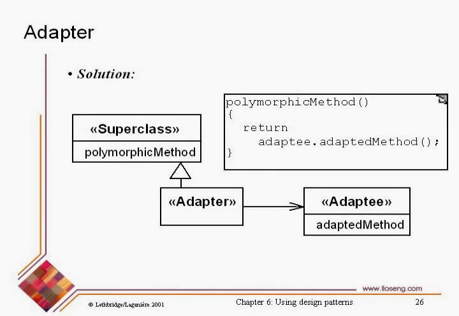So here is the overall structure of the pattern on slide 26. Again, we're using the notation where we use the UML stereotypes. On the left-hand side, we have some class that's the root class of the hierarchy that we're building.